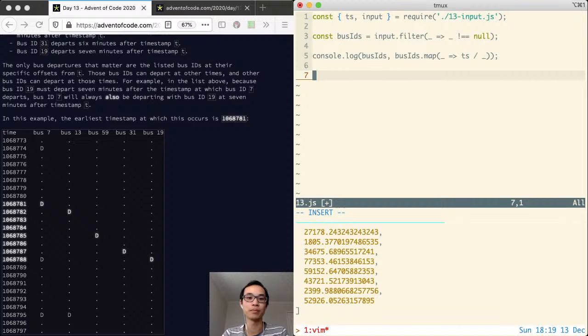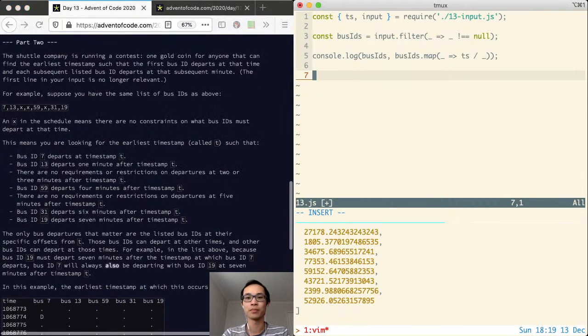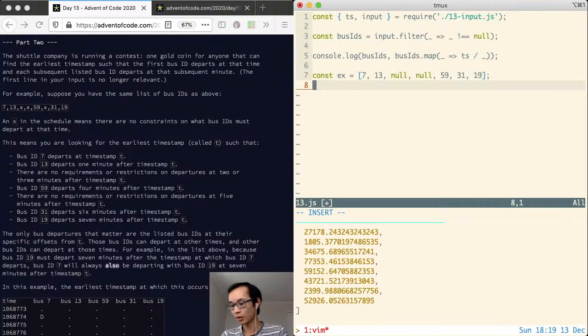We'll use this input to test. Example x is 7, 13, null, null, 59, 31, 19. So we want, for i less than x dot length, i plus plus.